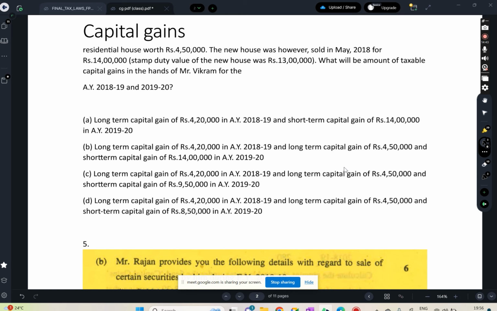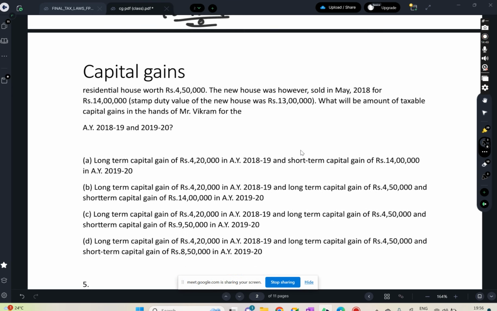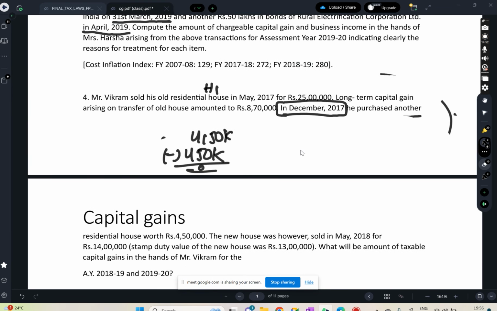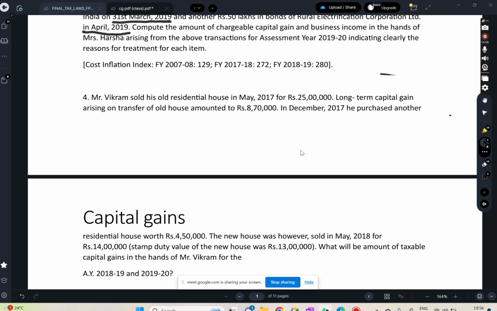For H1, when we sold it for 8,70,000, this happened in previous year 17-18, so 18-19 is the assessment year. From that we deduct 4,50,000, leaving 4,20,000.